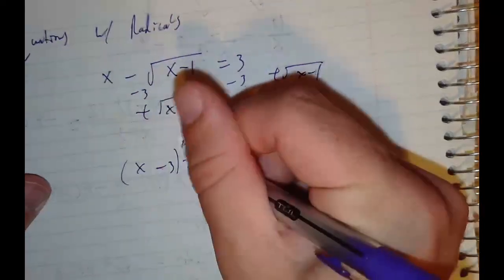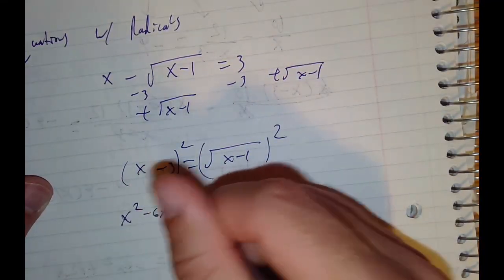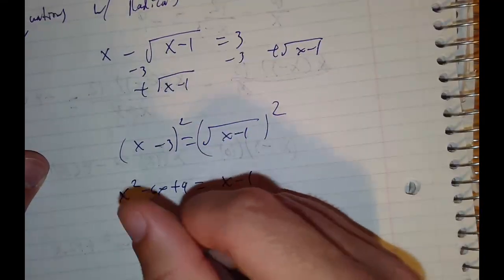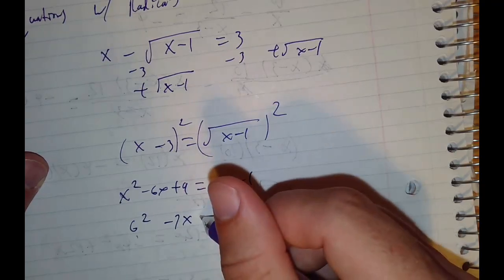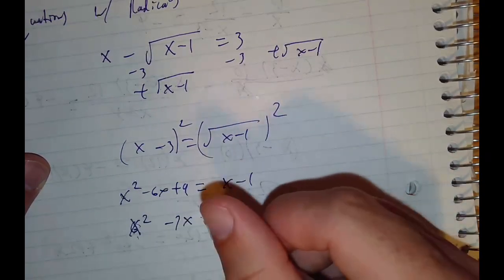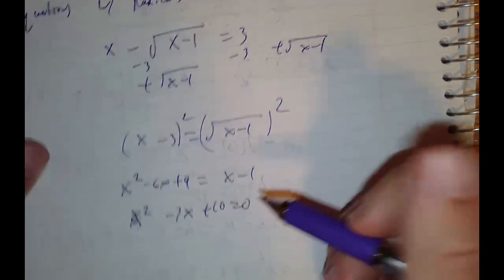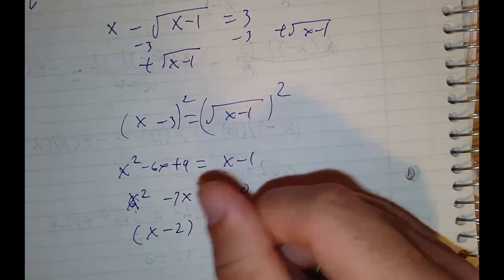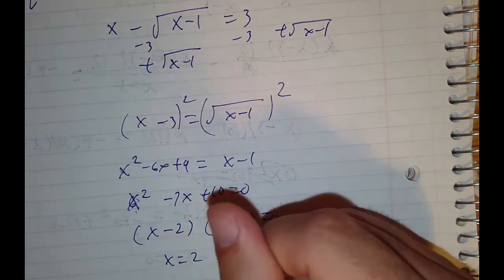We're going to square both sides. We're going to get x squared minus 6x plus 9 equals x minus 1. And then we'll get x squared minus 7x plus 10 equals 0. And then we'll solve this, right? So it'll be x minus 2, x minus 5 equals 0, x equals 2, x equals 5.